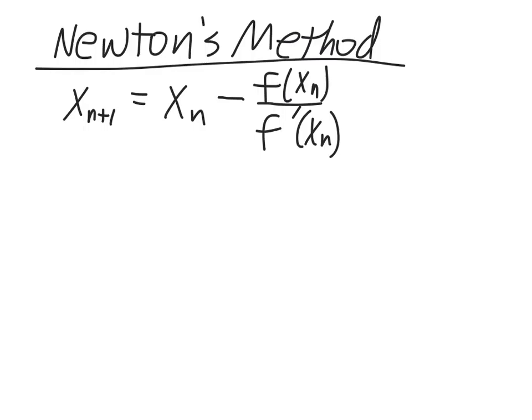But let's say if we start with 1, we'd have 1 minus f of 1 over f prime of 1, and then from there use that result as your next x value, and eventually you'll get close enough. You continue this process as we did on the worksheet until 2 successive applications differ by 0.001.